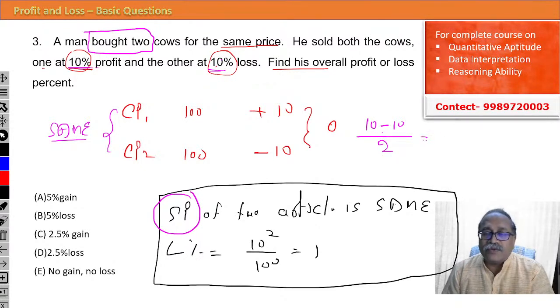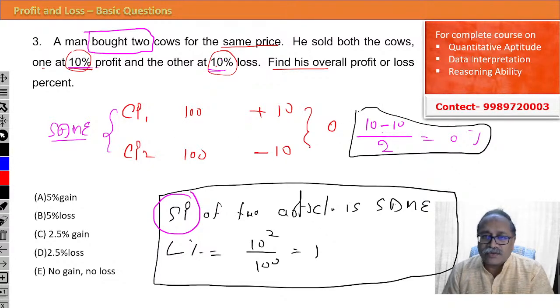So 0 divided by 2 is 0, so 0%. This is the way to answer this question.